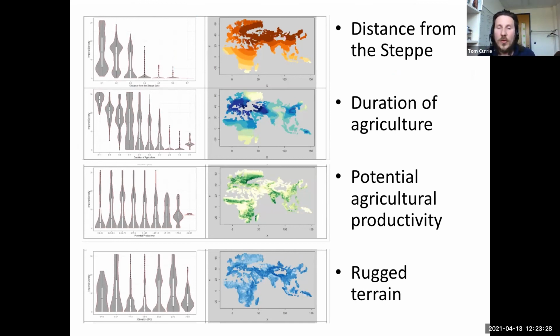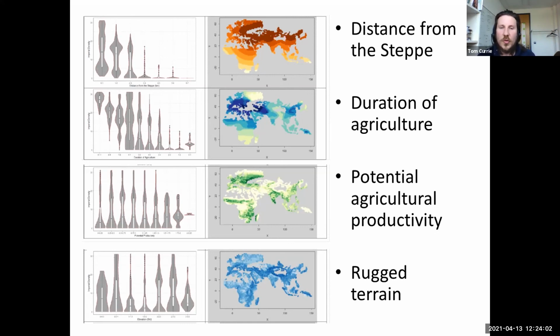And we also collated data on the duration of agriculture, and that involved doing a lot of work to track down data on archaeological studies and basically create maps of how agriculture spread out from different sources, different parts of the world. And again, we see these heat maps here representing these data. We also were able to come up with a proxy for potential agricultural productivity.